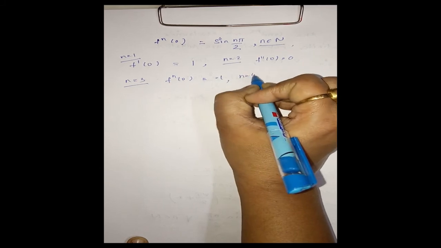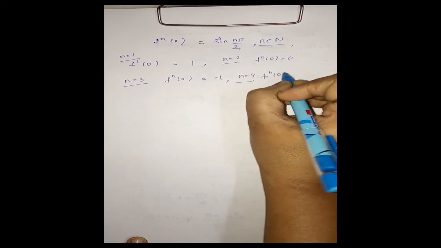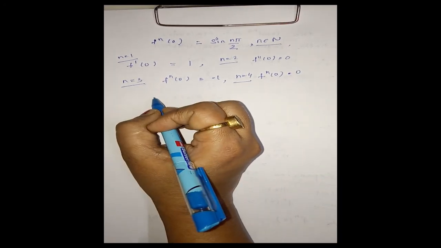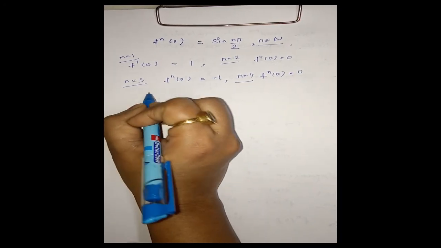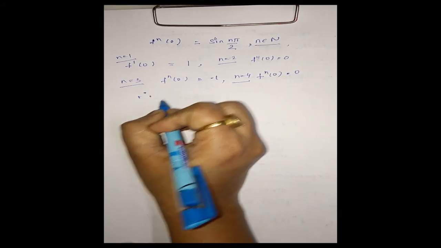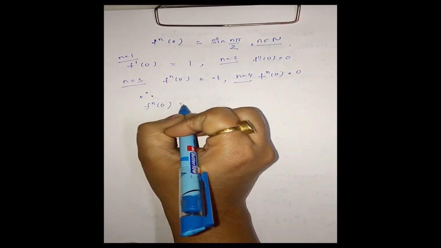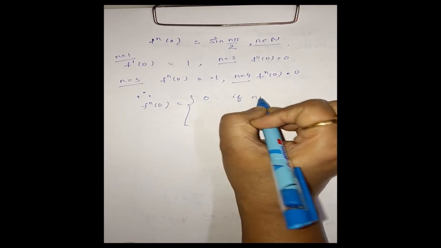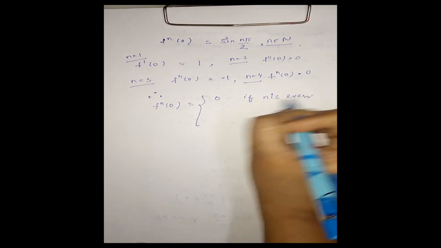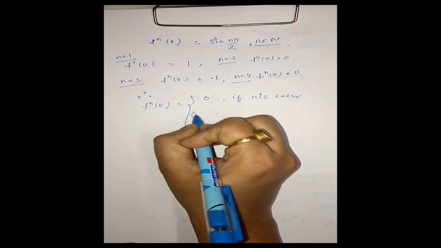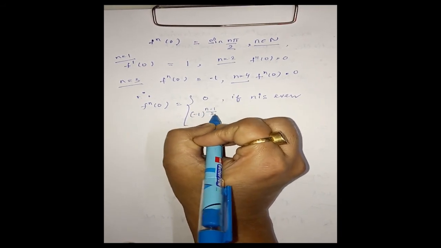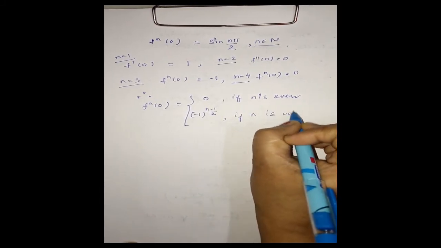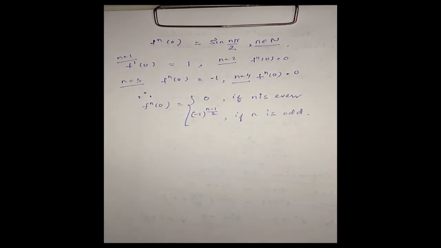For n equal to 4, f^n(0) will be sin 2 pi, that is 0 only. Therefore f^n(0) can be written as 0 if n is even and (minus 1)^((n minus 1)/2) if n is odd. Okay, we can write f^n(0) in this form.